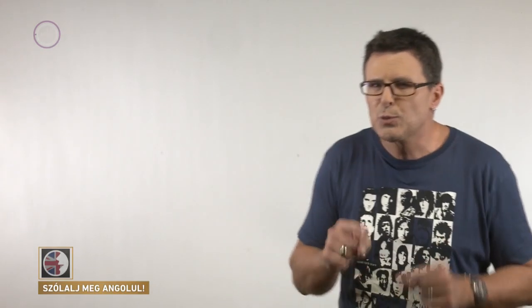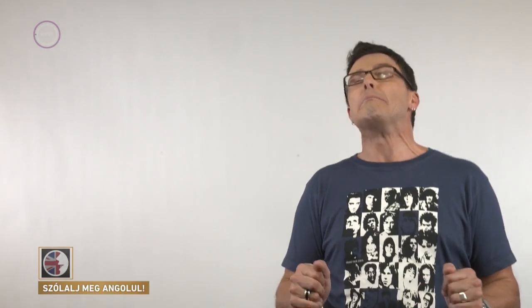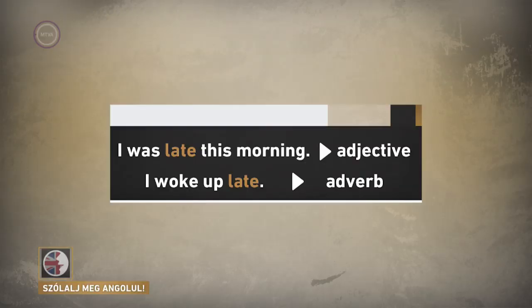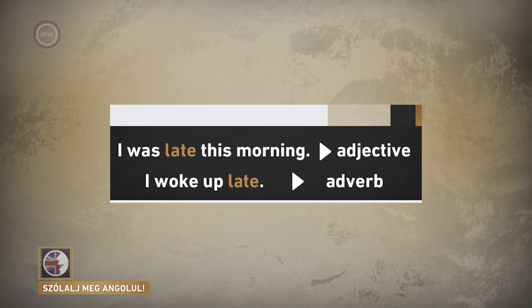Now, as we saw before in week 16, I think, the adjectives fast, hard, early and late don't change spelling when we use them as adverbs. I was late this morning, I woke up late. The first late is an adjective. The second late is an adverb.